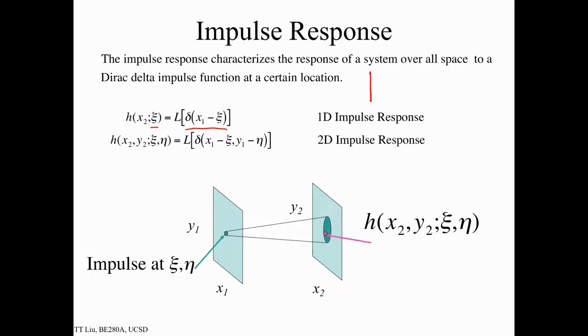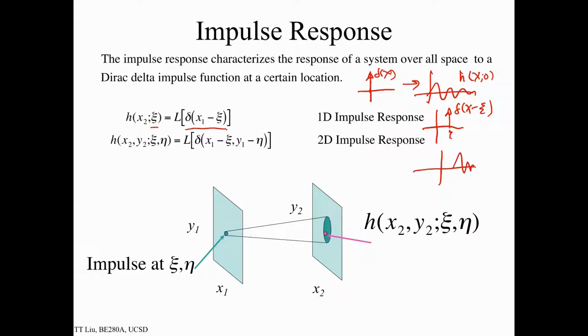So for example, we might have a Dirac delta located at 0, and it might have some impulse response we call h of x, semicolon 0. And let's say we have, in general, a delta function located at some other location xi, and that might have a completely different impulse response, h semicolon xi.